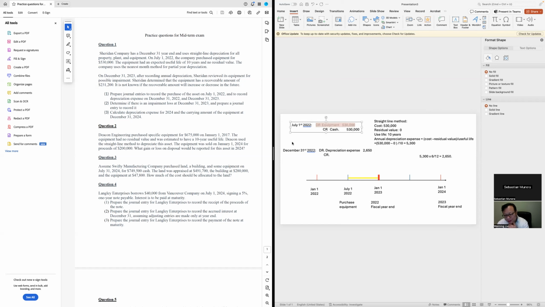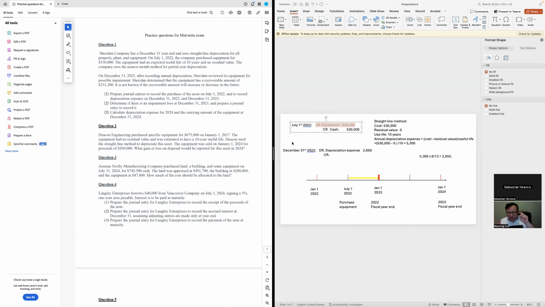But you remember the carrying value is decreasing. The carrying value is the difference of two numbers. So we do not directly remove a balance from equipment because we want to know the cost of equipment. But how can we capture the fact that the asset value is decreasing? We call it the carrying amount.